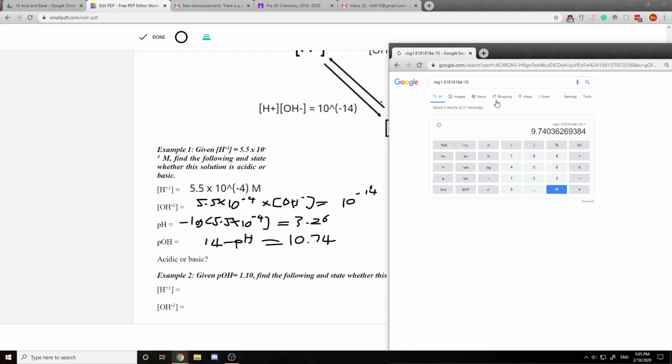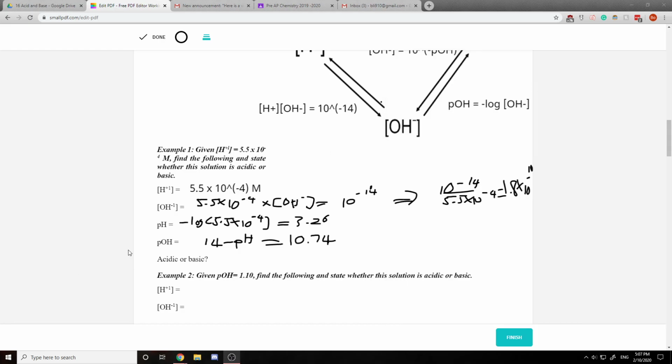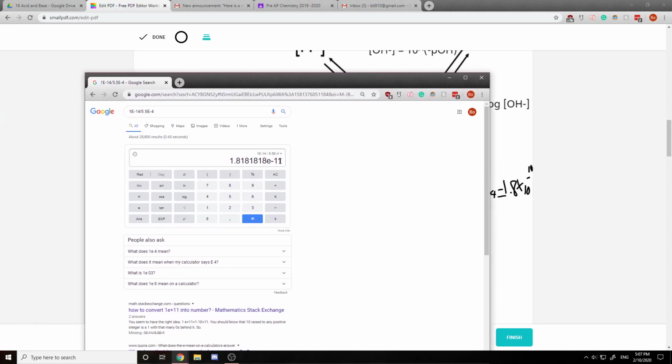It's off by 1. Okay, I spotted my mistake. If you do this properly, 10 to the negative 14 divided by 5.5 times 10 to the negative 4, you actually get 1.8 times 10 to the negative 11.